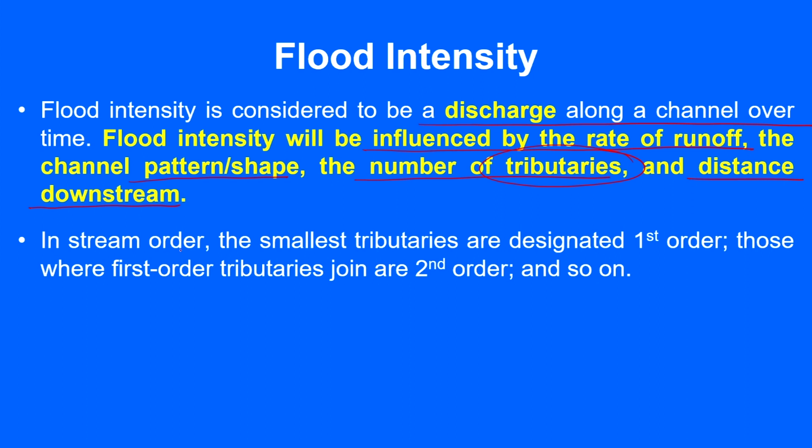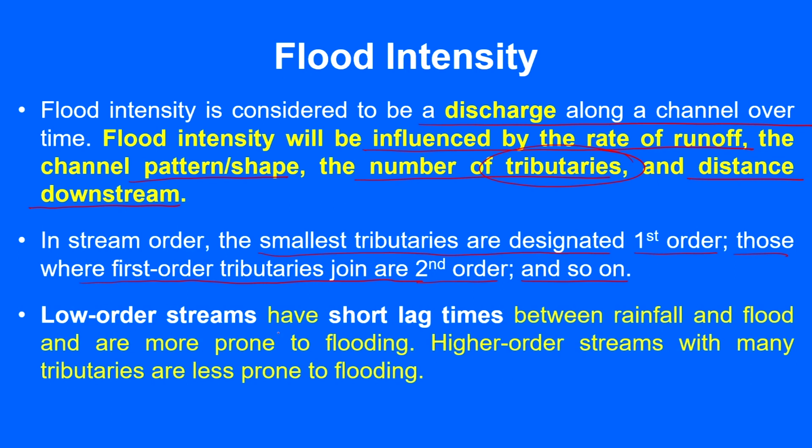So, in stream orders, the smallest tributaries are designated as first order, as we have discussed. Those where first order tributaries join are second order, and so on. This is what we have already discussed in the previous 2 slides. So, lower order streams have shorter lag time between the rainfall and the flood events, and are more prone to flooding.